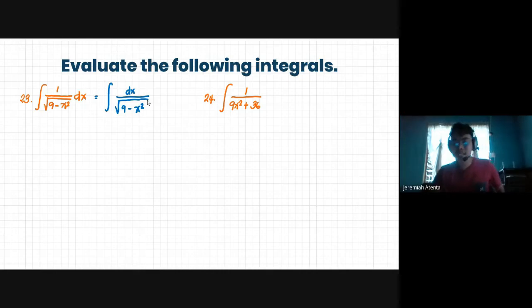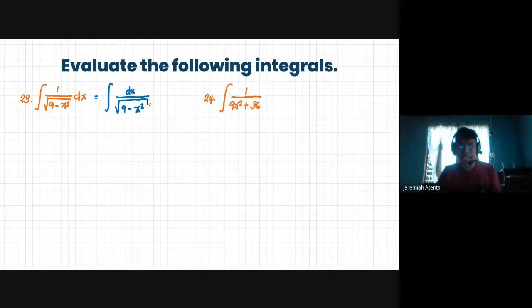Now, in this case, what form is this? Is it the first one, the second one, or the third one? Is it for sine inverse, tangent inverse, or secant inverse?